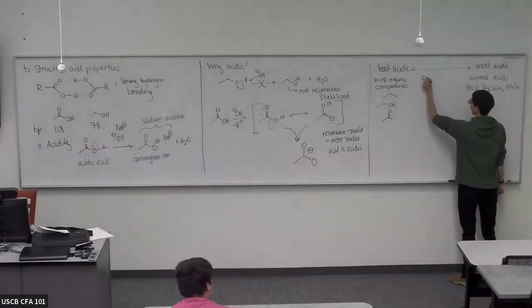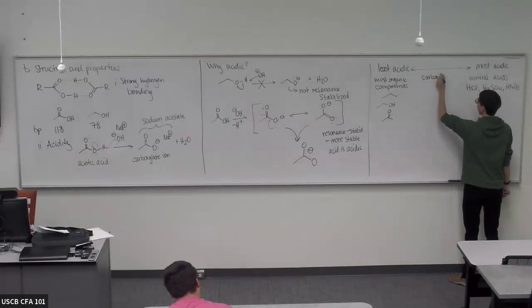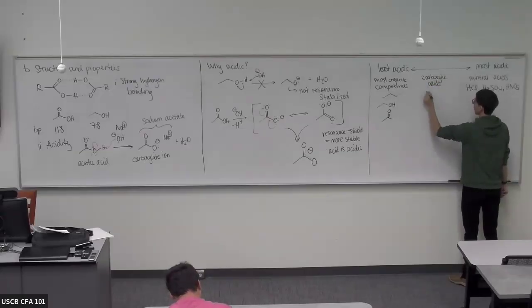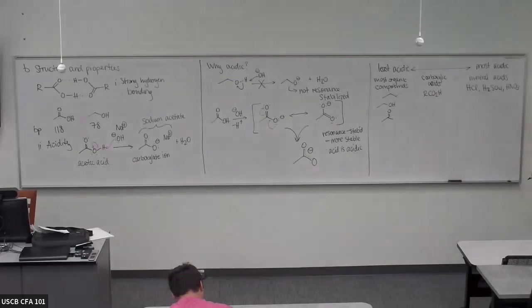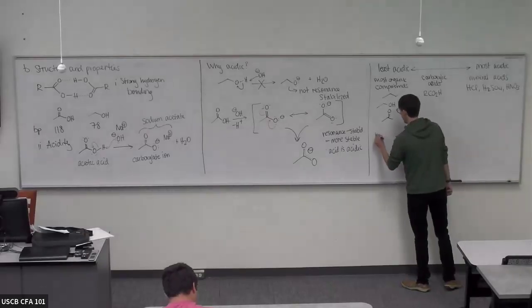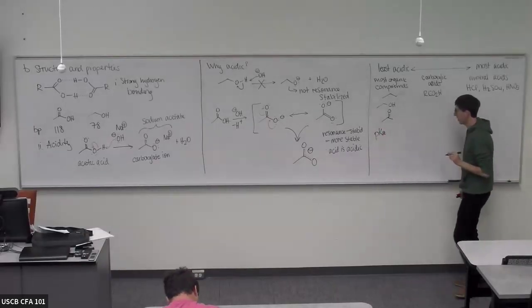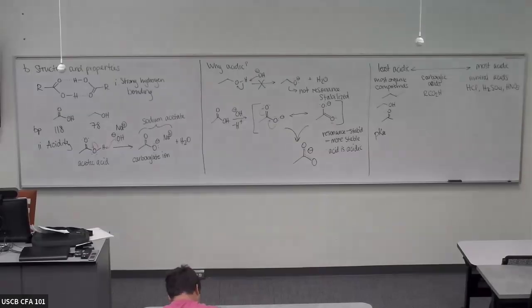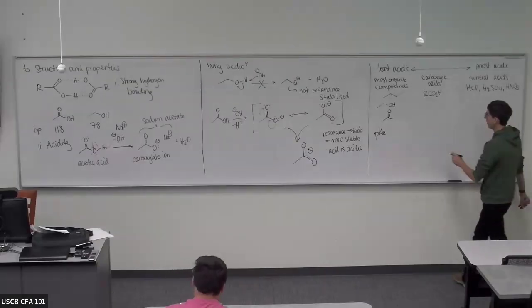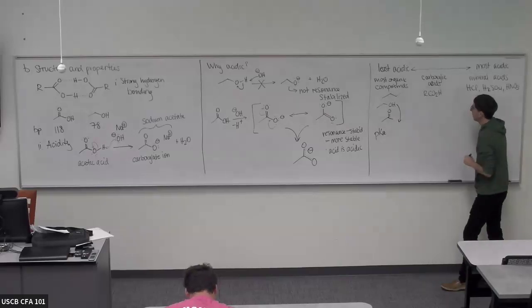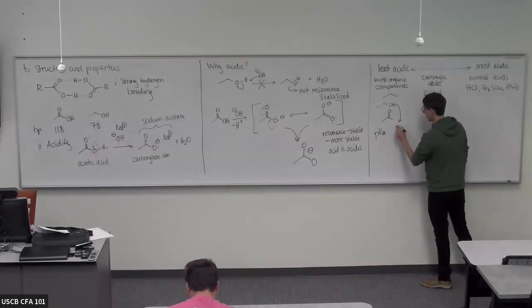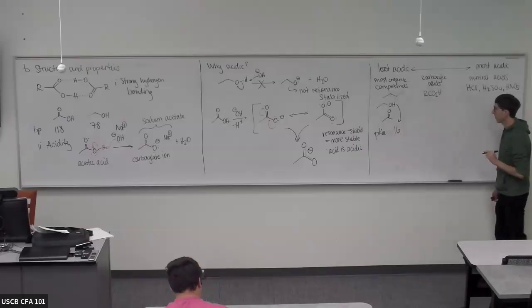Carboxylic acids are right here in the middle. So if you use pKa as a measure of acidity, which you may or may not have done in organic one, I don't know, but the pKa of ethanol is 15 or 16.